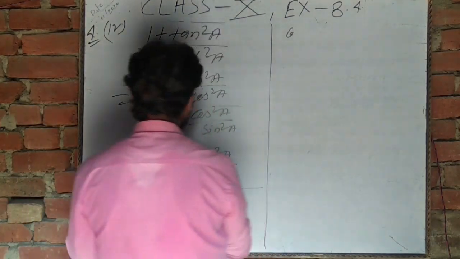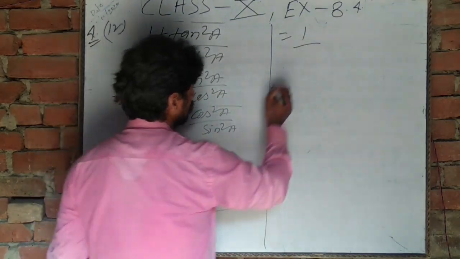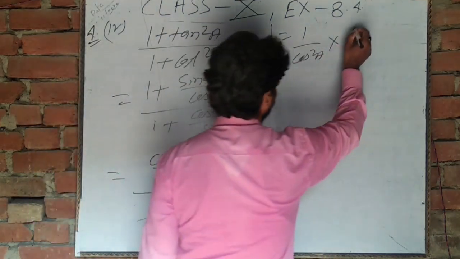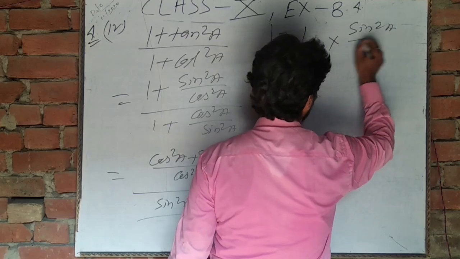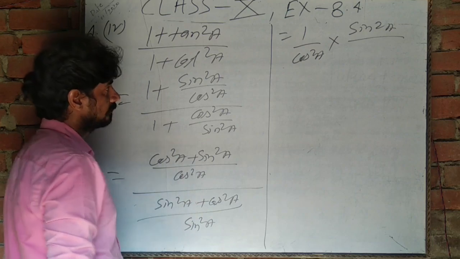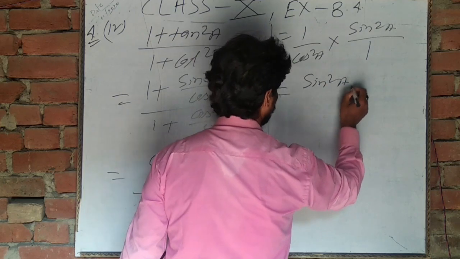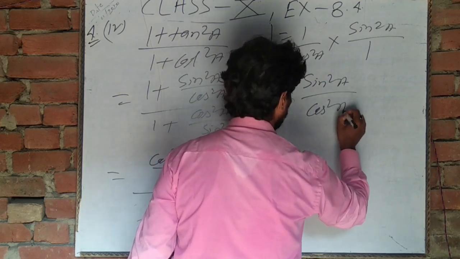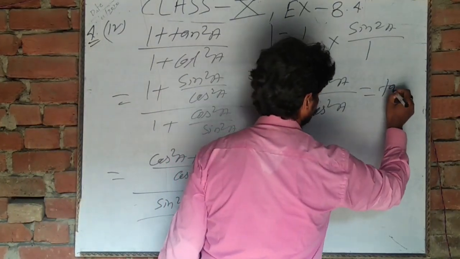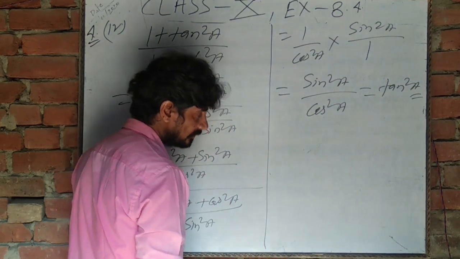So cos square A plus sin square A means 1. 1 by cos square A into sin square A by sin square A plus cos square A means 1. So we will get sin square A by cos square A. Sin square A by cos square A means tan square A. It's our result, and option will be D.